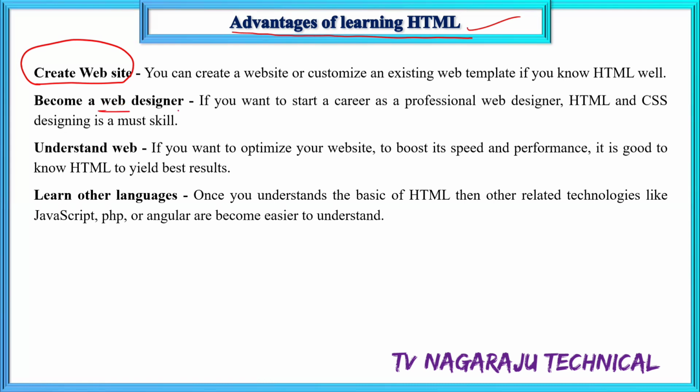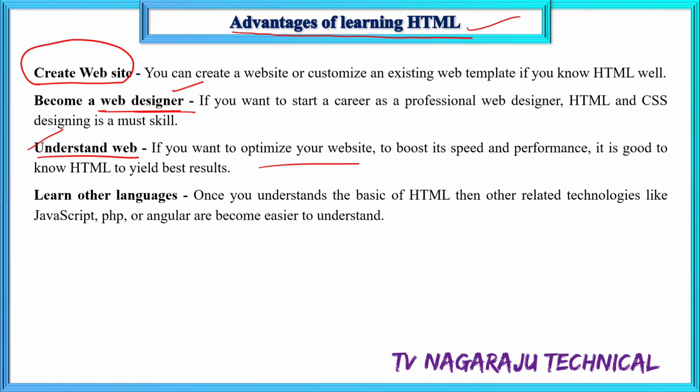You can become a web designer, just as you can be a Java developer or Python developer. Once you learn HTML, you will become a web designer and you will understand the web. If you understand the web, you know how to optimize the website, how to increase the performance, and how to get the entire information with just a single click.